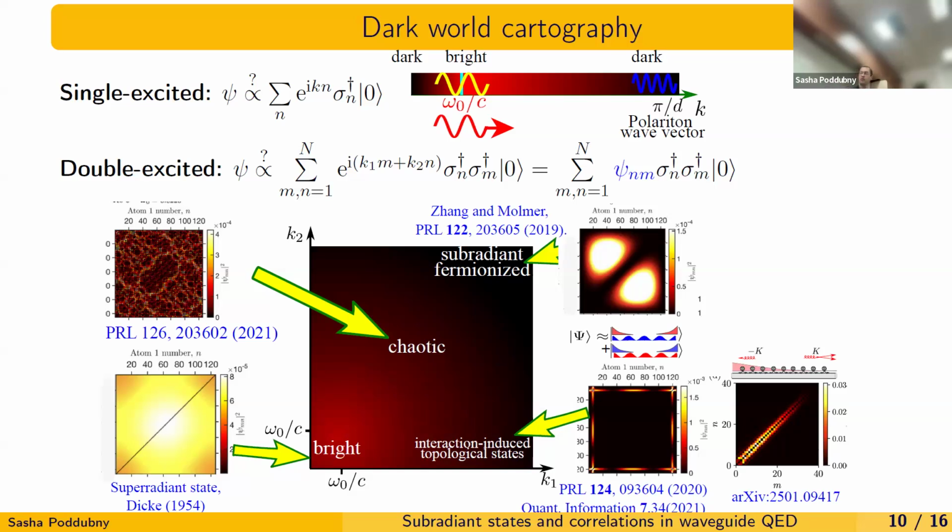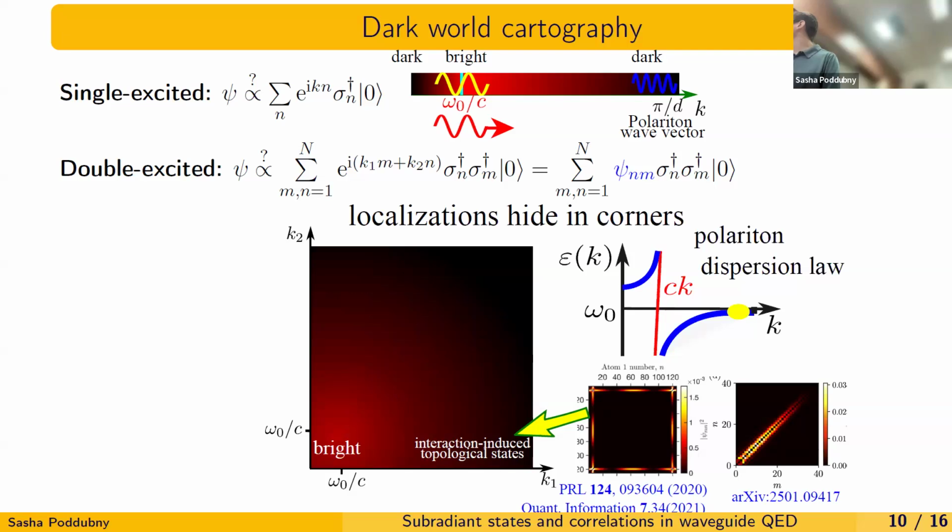So you kind of have this, and the finding is, why does this localization happen at corners? The reason is very simple: localization happens when one of the particles has very large momentum and one has small momentum. So the common thing between these two is that this particle is heavy, so it's easy to get localized.